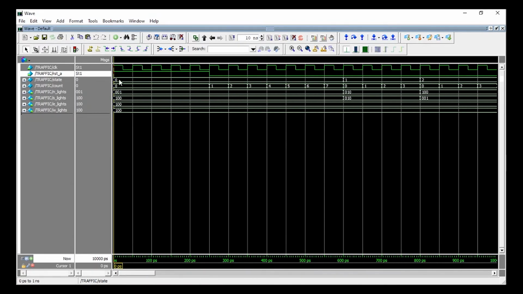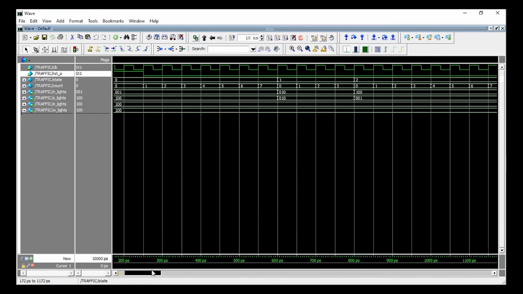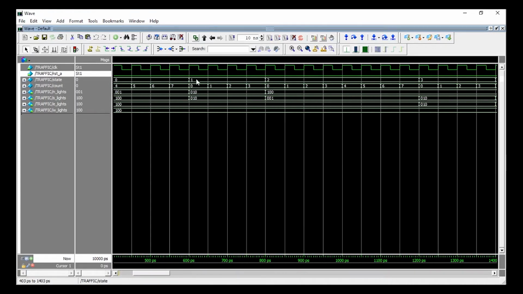Whenever we are in the 0 state, the count starts from 0 and goes to 7. And whenever the north state count goes from 0 to 7, the output for the north state will be 001, which has the green light. In the north state, we will have the green light, and all the other 4 directions will be red, 100. When the state changes after 8 seconds into north y, the counter state changes to 1.